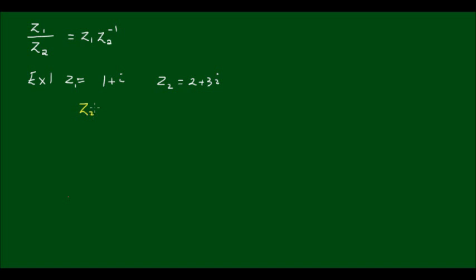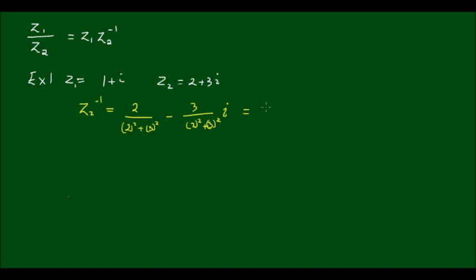So z2 inverse is 2 divided by 2 squared plus 3 squared, minus 3 divided by 2 squared plus 3 squared i. And if you're wondering how this comes about, please refer to the previous video on the multiplicative inverse of complex numbers, and I'll leave a link in the description below.